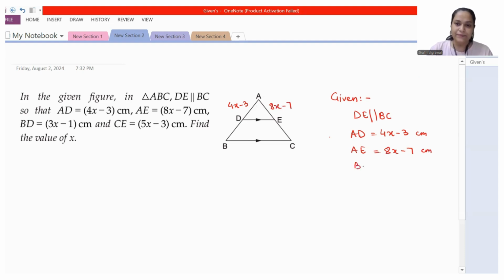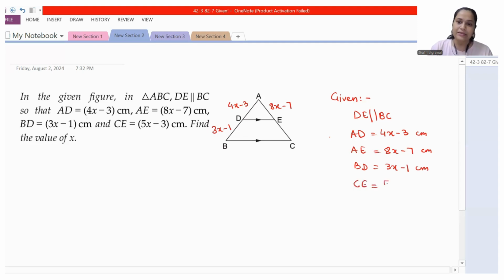Next, BD is 3x minus 1 centimeter. And the next value with us is CE, that is 5x minus 3 centimeter. What is the value that we need to find? We need to find the value of x.